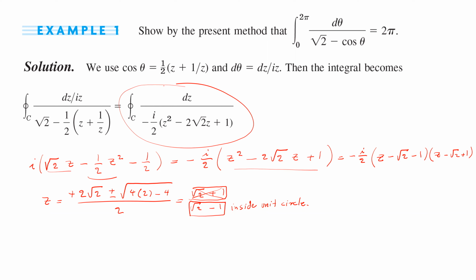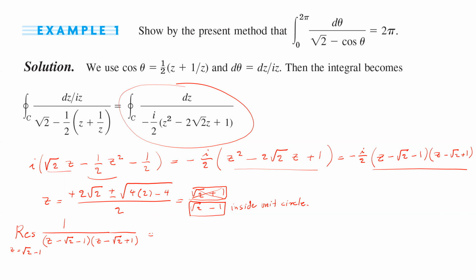All right. So we do the residue of 1 over this expression, z minus square root of 2 minus 1 times z minus square root of 2 plus 1, at z equal to square root of 2 minus 1.